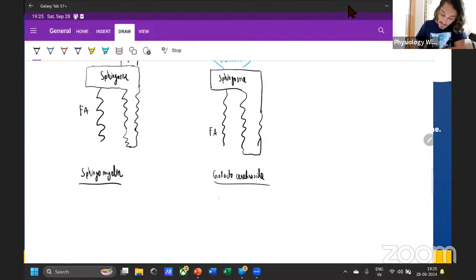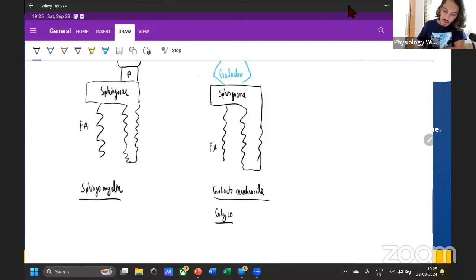This is a glyco, because a glucose-like moiety is the sugar component, a glycosphingolipid. Lipid sphingol with a glyco component. So this is a glycosphingolipid. One example is this. Okay.